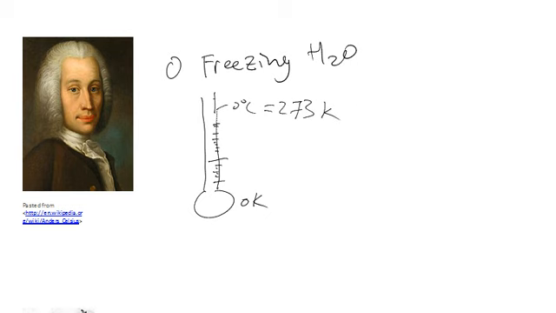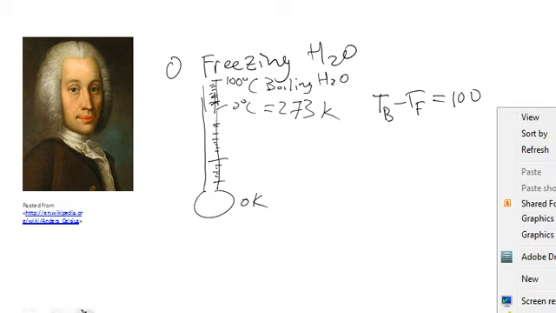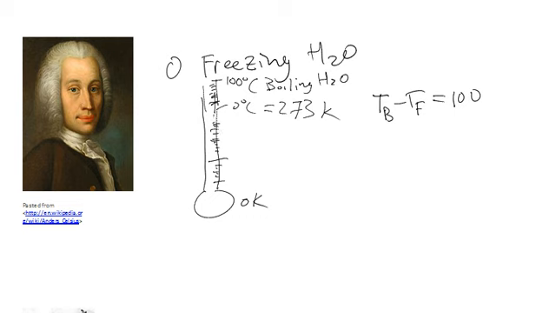And then this goes up further, and since he liked water a lot, he said that 100 degrees Celsius, we'll define that as the boiling of water. And that's why it's called centigrade, because the temperature of boiling minus temperature of freezing is equal to 100. So there's 100 grades between boiling point and freezing point of water.